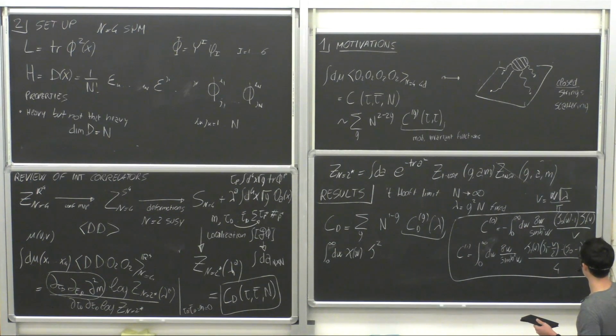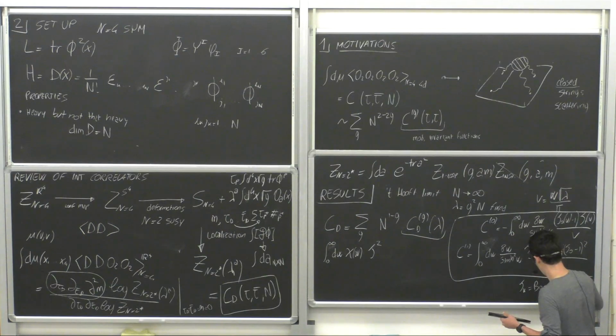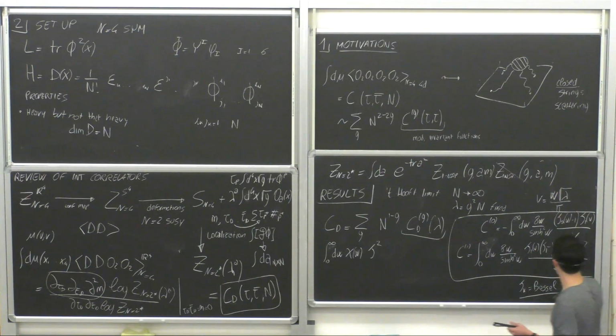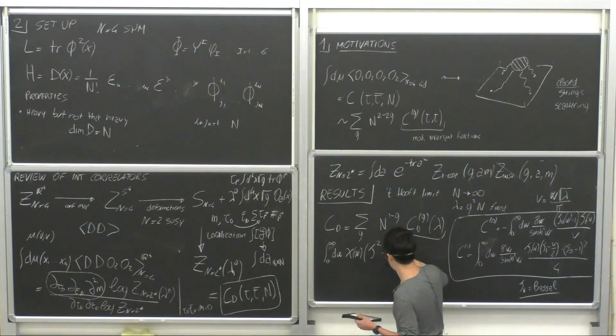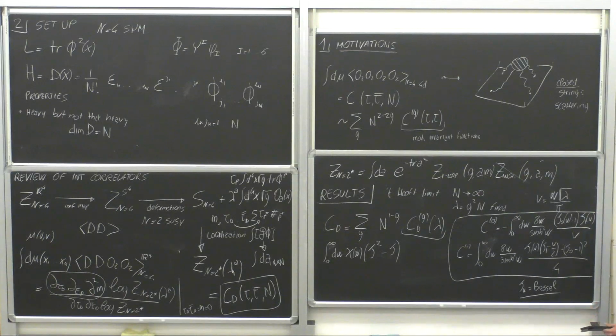Sorry, J, K are Bessel functions. Yes, I forgot, sorry. So we get a structure something like this, which is very similar to what Grisha was discussing last week.